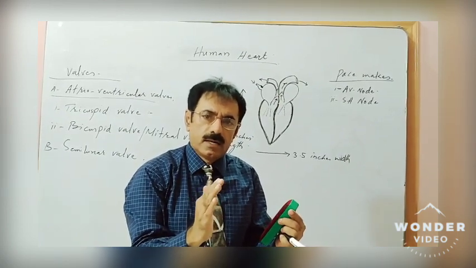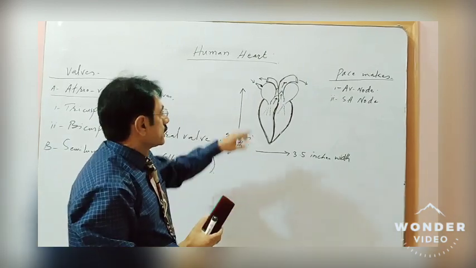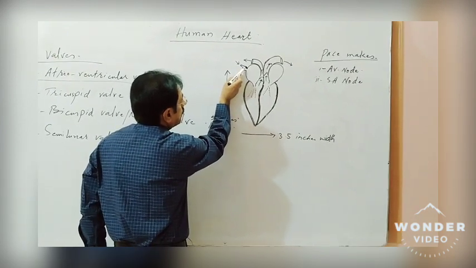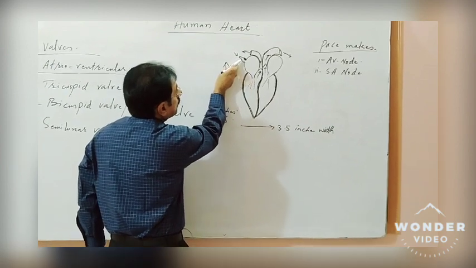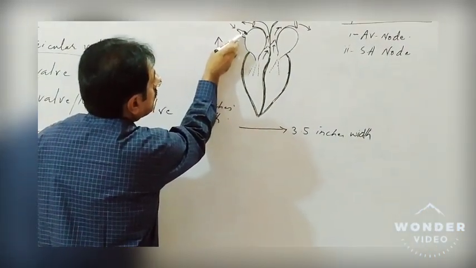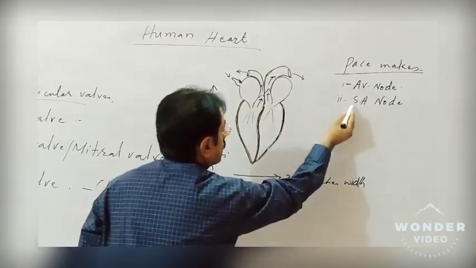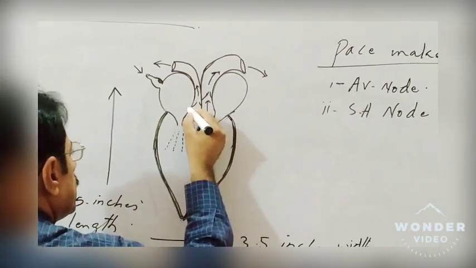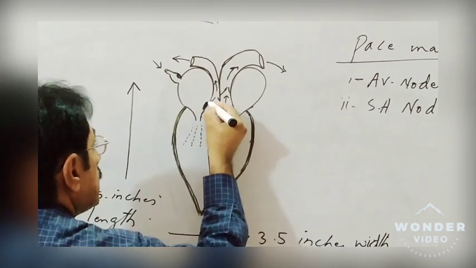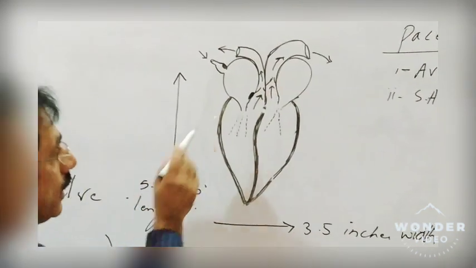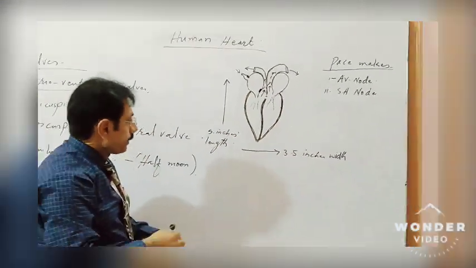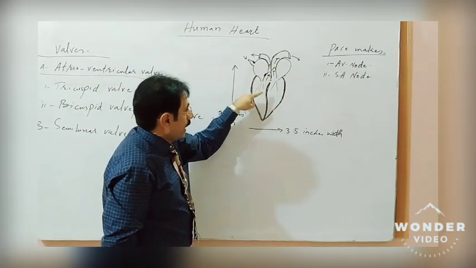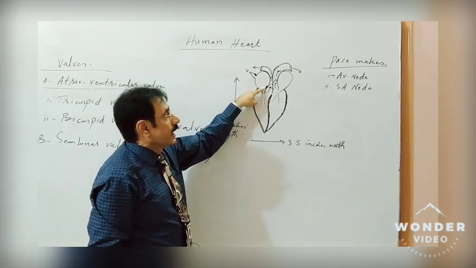So this is the sinus and this is the atrium, and the pacemaker is a node lying in between them. The other lies between the right atrium and the right ventricle; the AV node is so called because it lies in between the atrium and the ventricle.